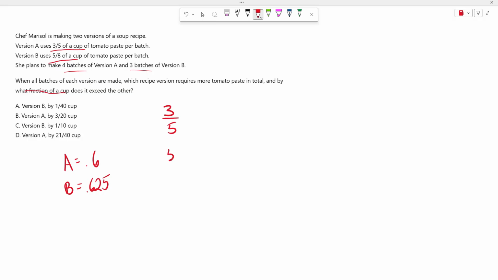So first thing we have to do is look for the least common multiple of 8 and 5, and that is just when you multiply them together. I want to multiply 3/5 by 8 on top and bottom, and 5/8 by 5 on top and bottom. So I'll get 24 over 40 for version A, and version B is 25 over 40. So I know what they are for just one batch, but I have to make multiple batches.